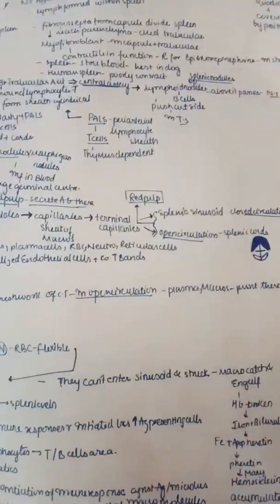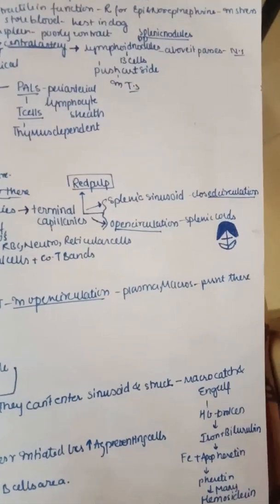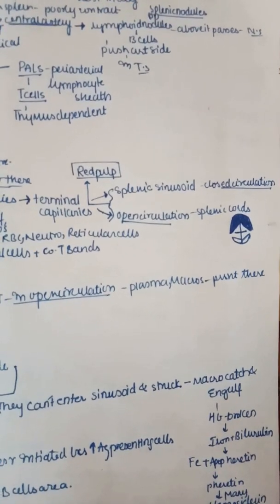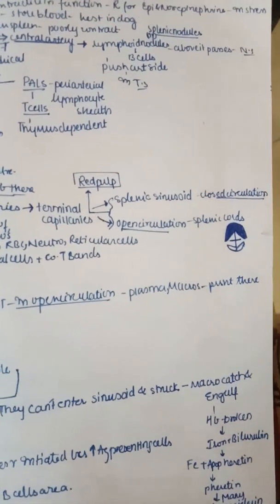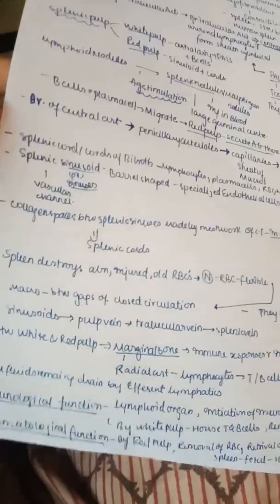The terminal capillaries may either drain into the splenic sinusoid, that is the closed circulation, or may even drain into the open circulation, that is the splenic cords. So the splenic sinusoids and splenic cords together form the red pulp. Let us understand in detail the splenic cords, also known as the cords of Billroth.